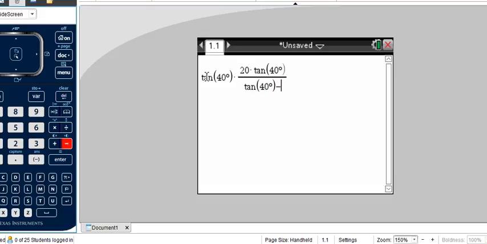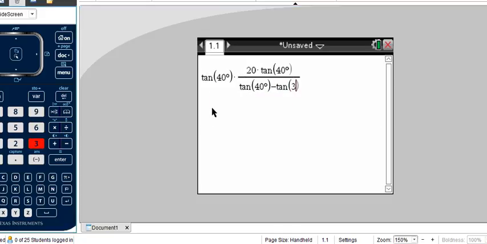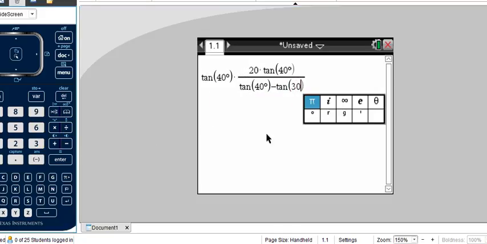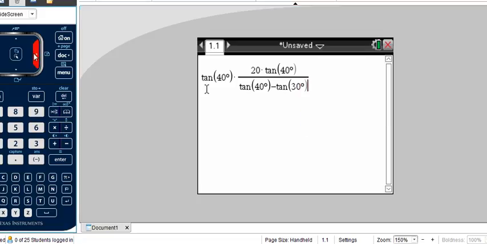And then just like we did yesterday, I would pause for just a minute and make sure that you indeed entered that into the calculator exactly how you wanted it to. So I'm going to pause and make sure that looks exactly how I want it to before I hit the equals button.